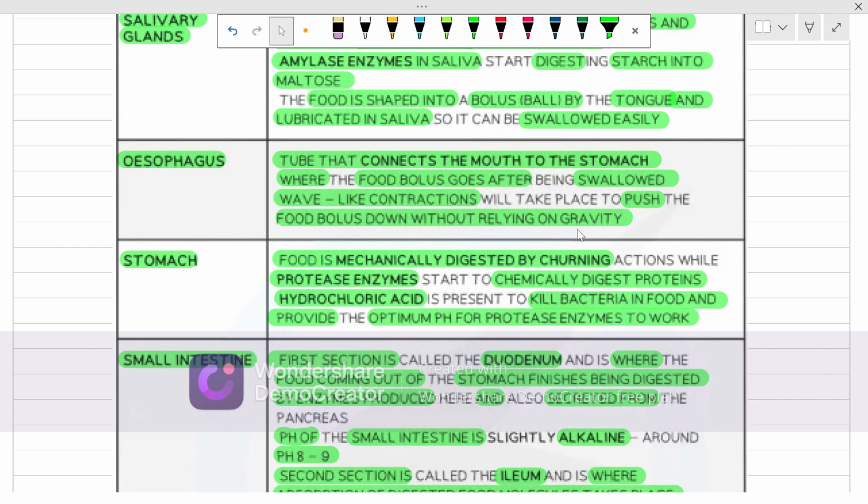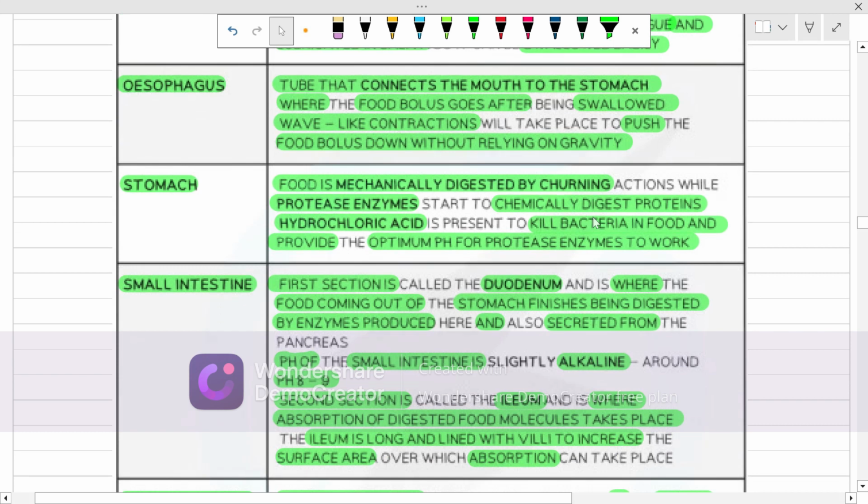The stomach is where food is mechanically and chemically digested. It's mechanically digested by churning, muscle contractions in the stomach, and it's chemically digested by protease enzymes. Protease enzymes chemically digest proteins using hydrochloric acid to kill the bacteria and provide optimum pH for protease enzymes to work at their best.